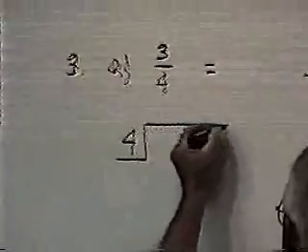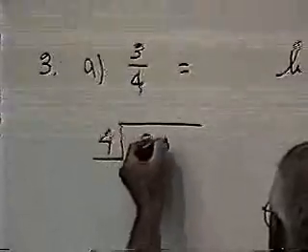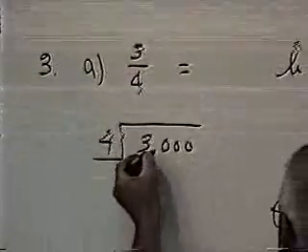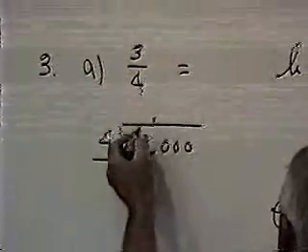Okay, number 3, what we're doing is changing fractions to decimals and then maybe to percent if we need to. Okay. All right, so 3/4. So what we do then is we take and divide the denominator into the numerator. All right, so 3 won't go into that.